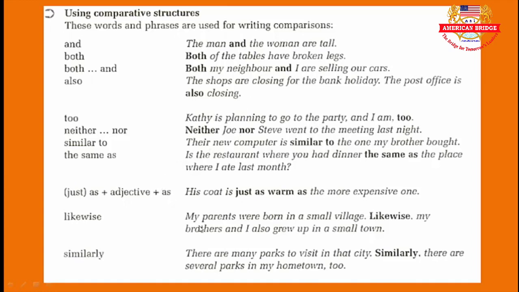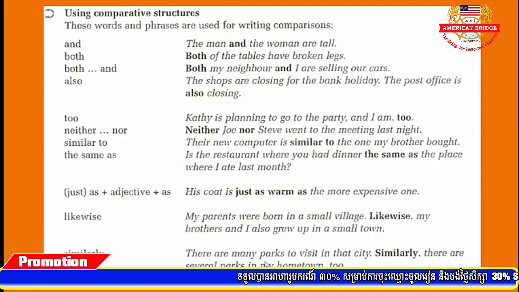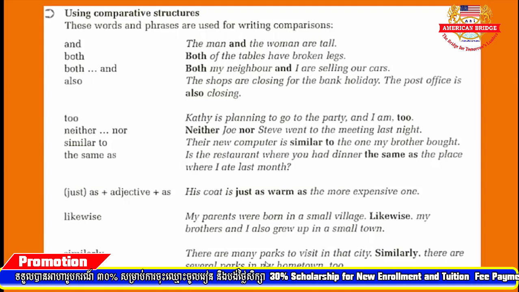Likewise can be like my parents were born in a small village. Likewise, my brother and I also grew up in a small town. And similarly, you can use it like this: there are many parks to visit in the city. Similarly, there are several parks in my hometown too.